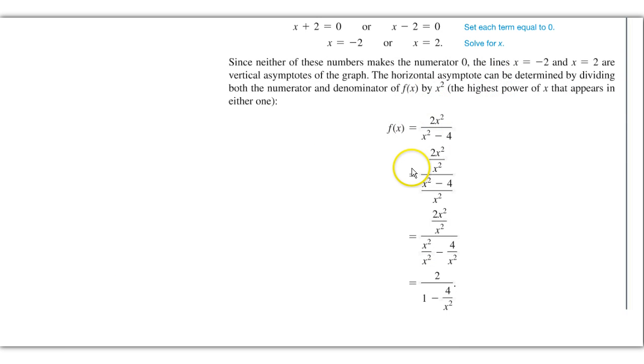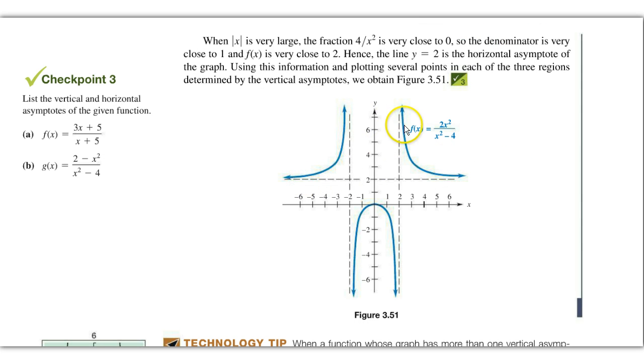So they're showing us some other stuff here. I don't know if you can see the 2 here. So after getting some points here, let's take a look at our vertical asymptotes at -2 and +2. And then our horizontal asymptote, which we said was 2.